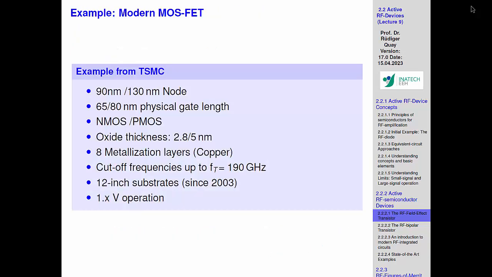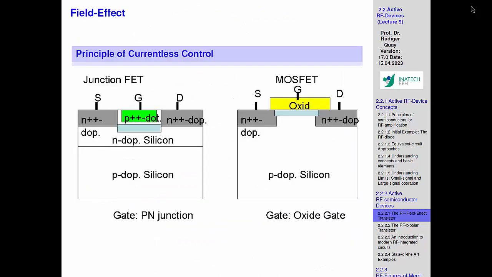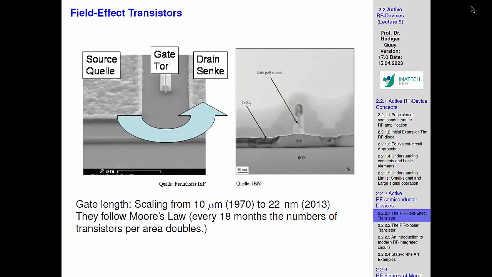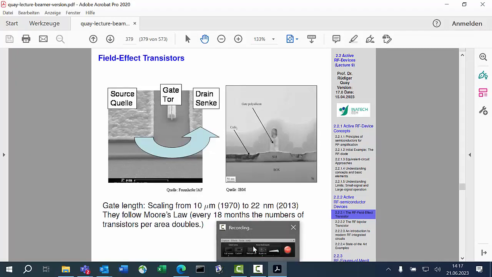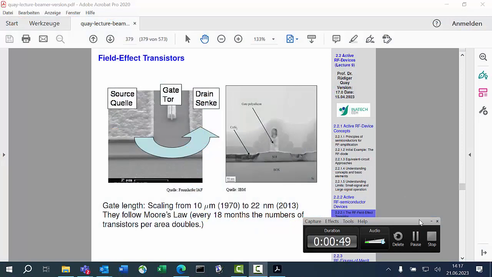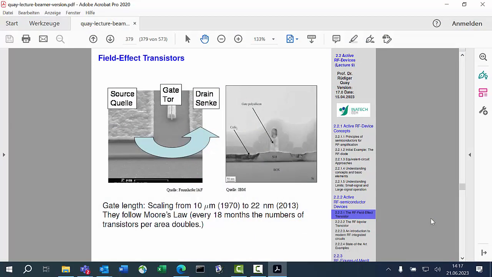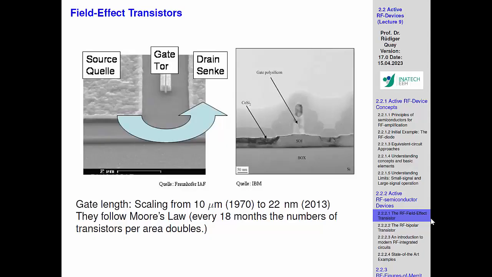Where are we? What we were learning last time was the basics of field effect transistors, and I think some of you know this already in a way. So it is very clear what we need for digital. There was this outrageous scaling we had in Moore's law, and we ended up with very small devices.